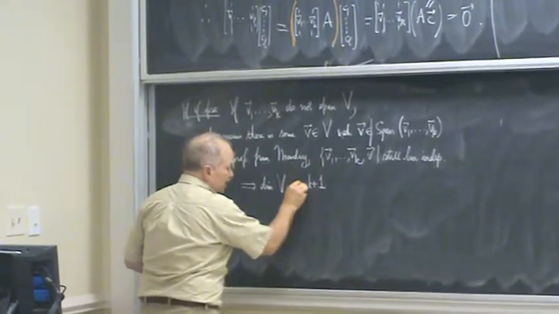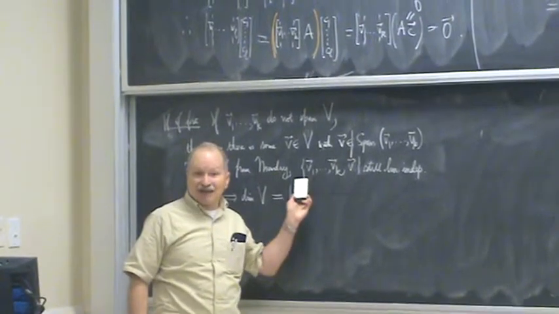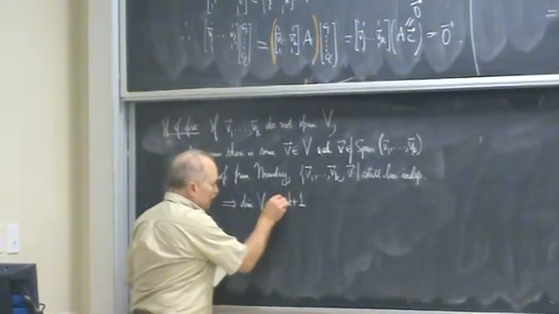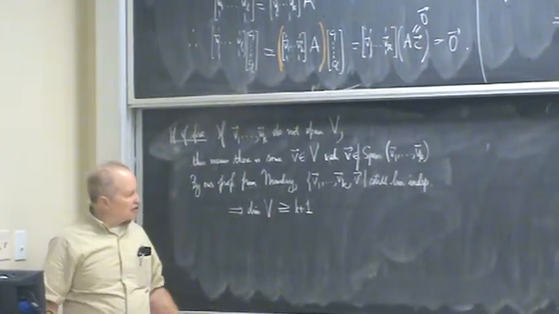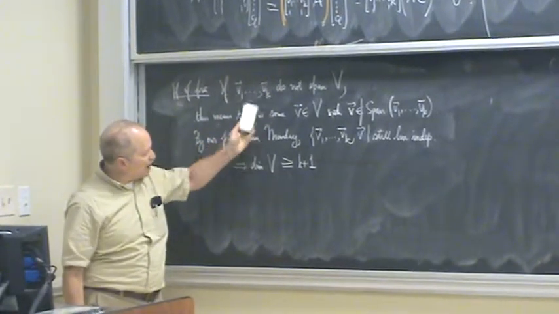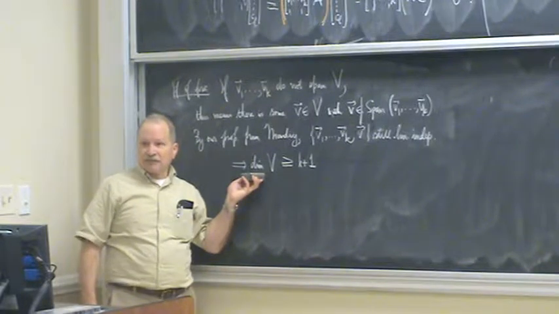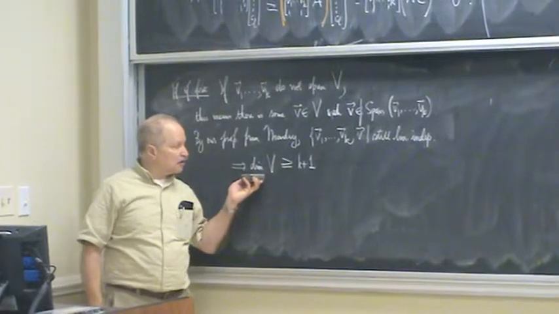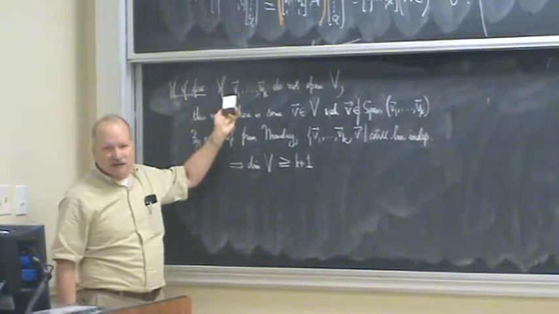But in fact, maybe they still don't span. Well, then the dimension would be even bigger. You'd have to throw in more vectors to get a basis. So if the original vectors didn't span, the dimension would have to be at least one more. That's the official proof. Since the dimension of V is K, this is wrong.